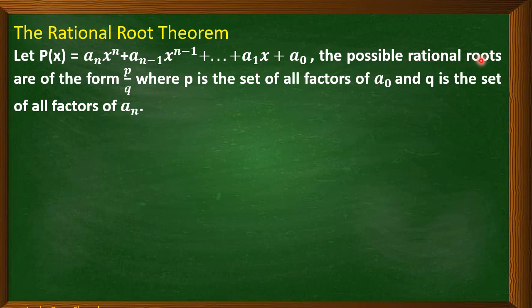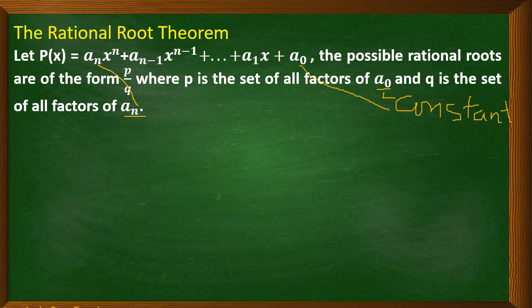The possible rational roots are of the form p over q, where p is the set of all factors of a sub 0, the constant term, while q is the set of all factors of a sub n, the leading coefficient.